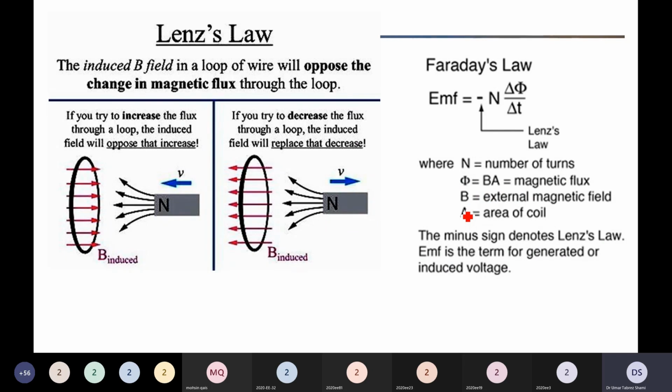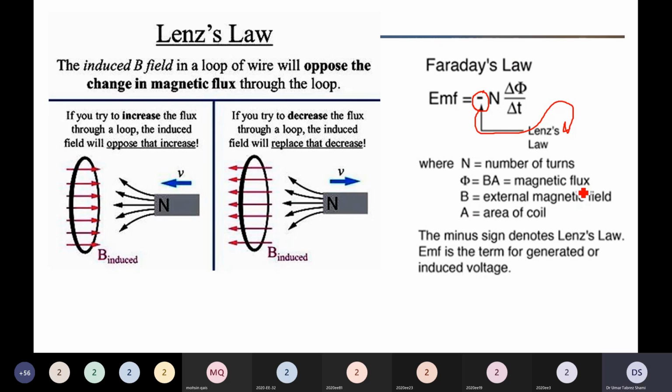It tells us a very important thing about the voltage being induced, which was defined by Lenz's law. So the minus sign is in fact contributed by Lenz's law. It states that the induced B field in a loop of wire will oppose the change in magnetic flux through the loop.